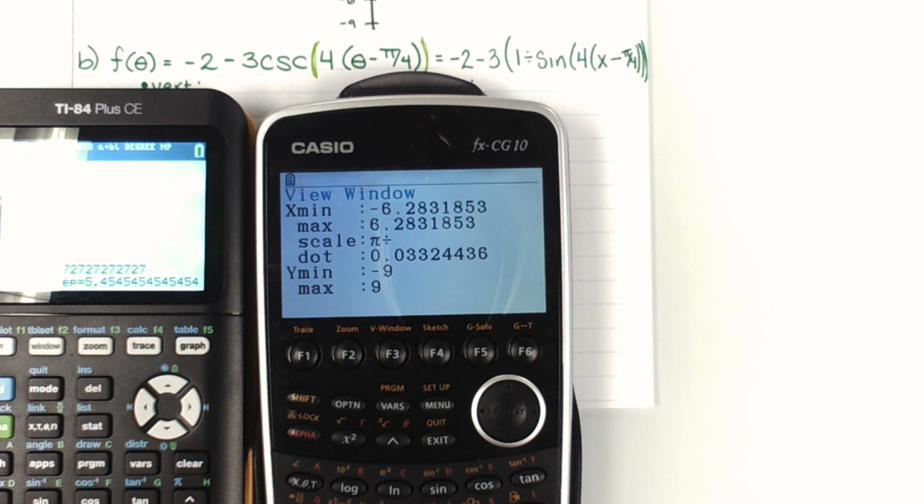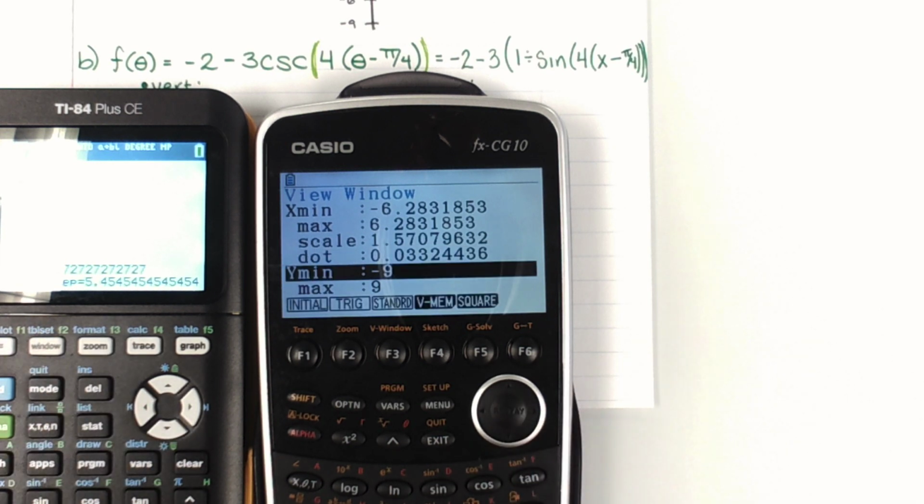Pi over 4. Oh, that's just pi over 2. Because if this was our axis, if this we put over here was 2 pi, we broke it into 4 parts, this would be pi, and that would be a half a pi. That's why I'm asking this.